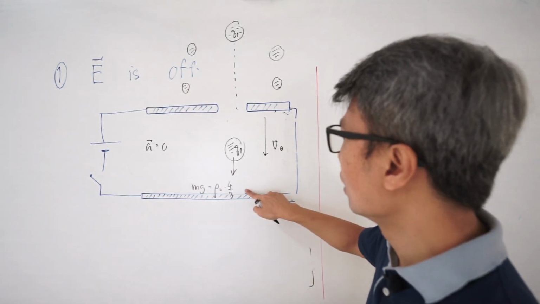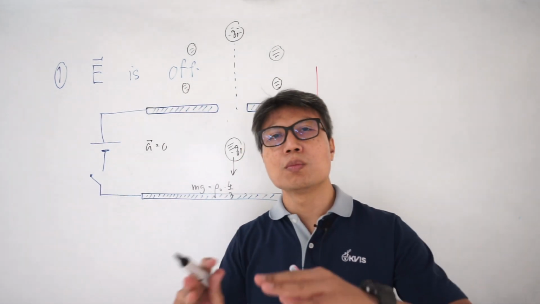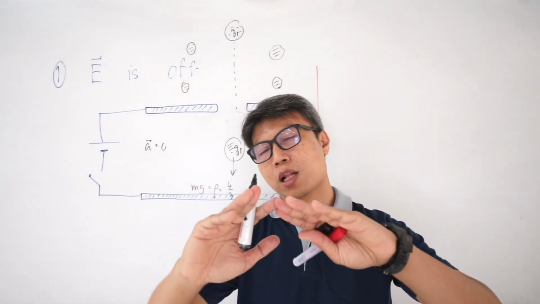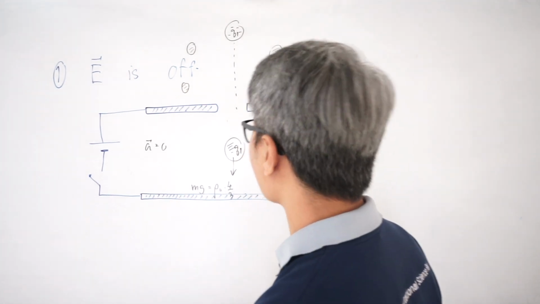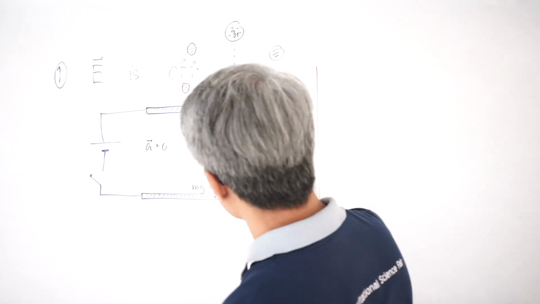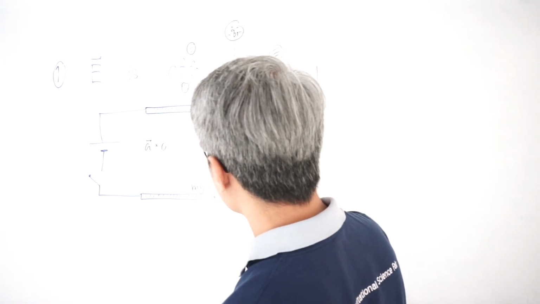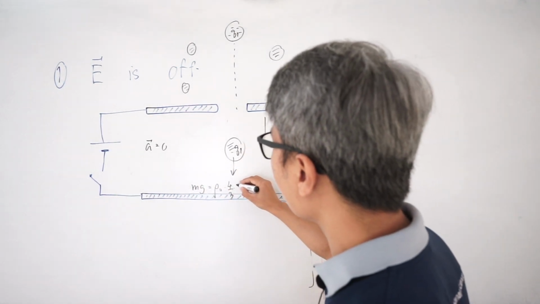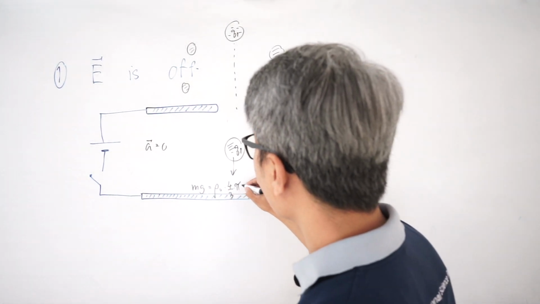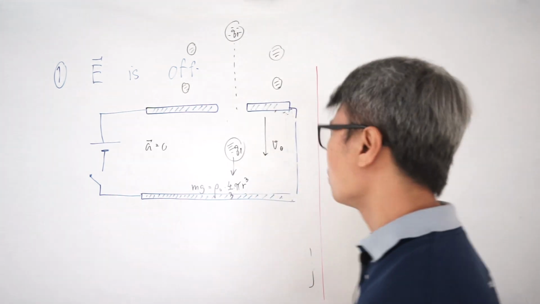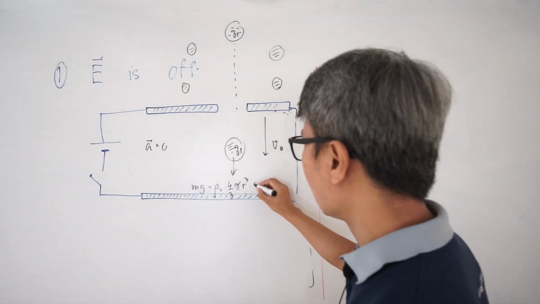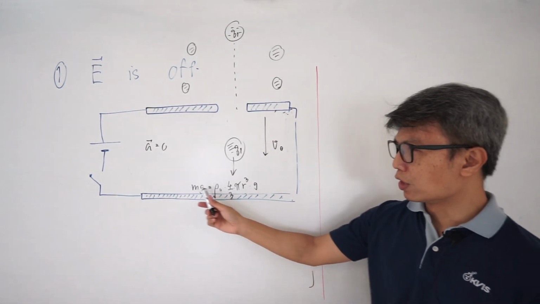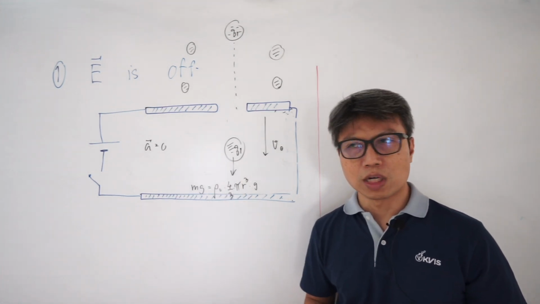In this case, we assume that our oil drop is a perfect sphere, and therefore the volume of the oil drop can be written as 4/3 multiplied by pi, the radius cubed, multiplied by g. I think it's quite obvious for mg, right?